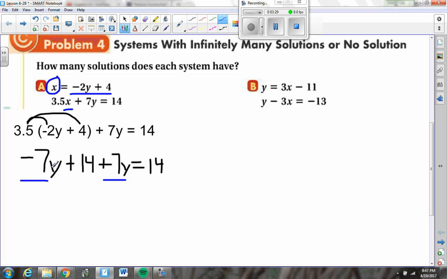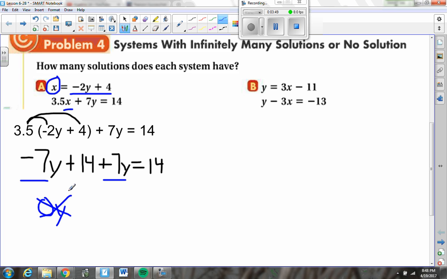When I add negative 7y plus 7y, how many y's do I have now? I have none. I have 0y, so it's like it doesn't even exist. They've disappeared.